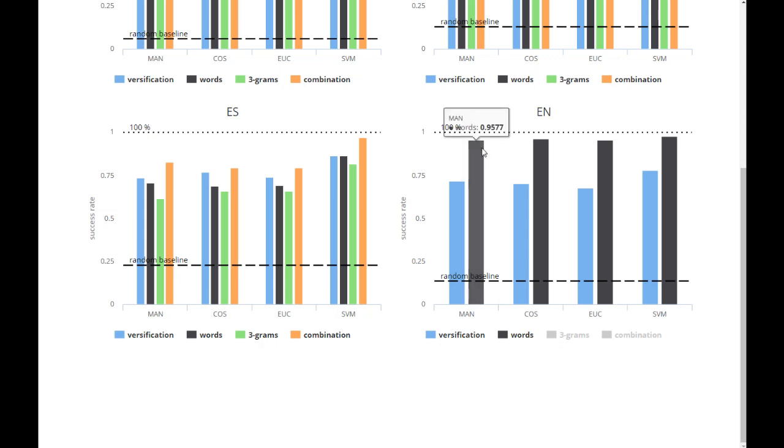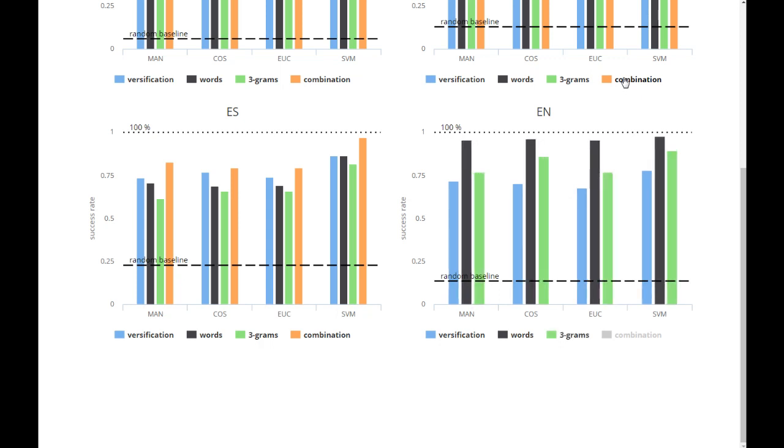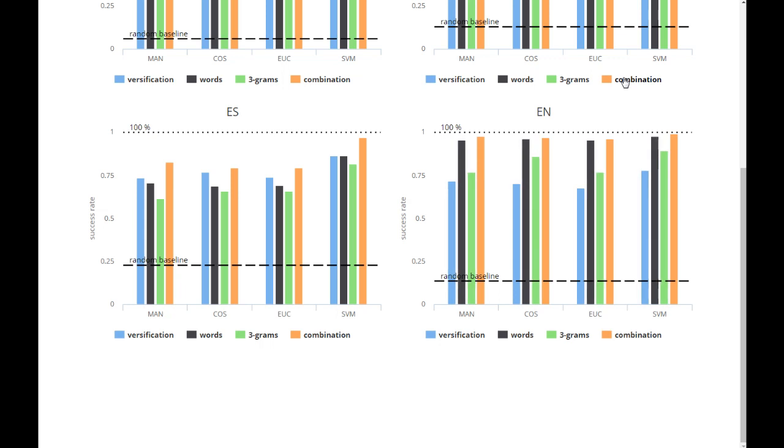It's a 95 for Manhattan distance, almost 98 for support vector machine. Slightly worse for trigrams, and once again the combination, even by tiny difference, gives the best performance of them all. The value is 99 for combination and 98 for words.